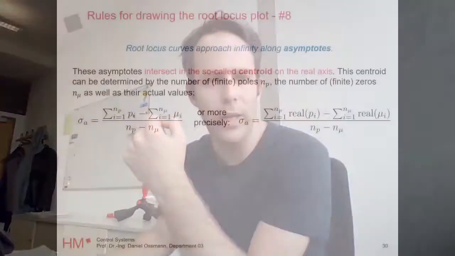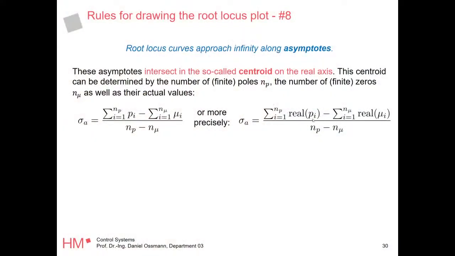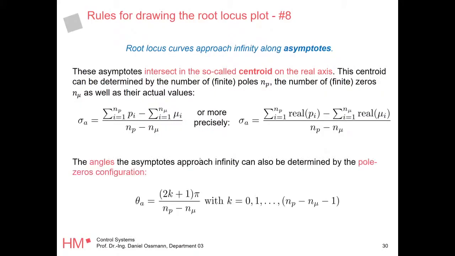So all the complex parts, the imaginary parts, are going to cancel out because it's always going to be plus minus the same value. So you only need to add the real parts. And this is what's here. Take the real parts of the poles, subtract the real parts of the zeros, divide through the difference between the numbers of those two. You get the centroid on the real axis.